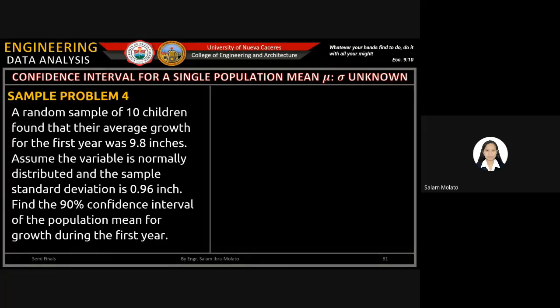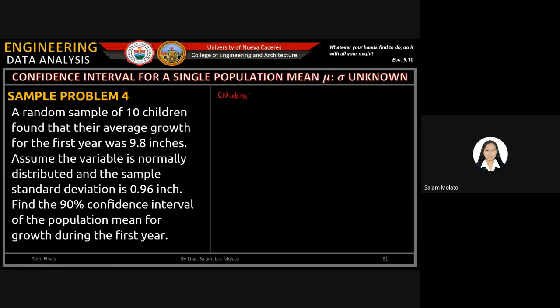But I think it is much easier if we identify first all the given. Okay? All right. Wait a minute, guys. Okay. So, let me identify first and list all the given.